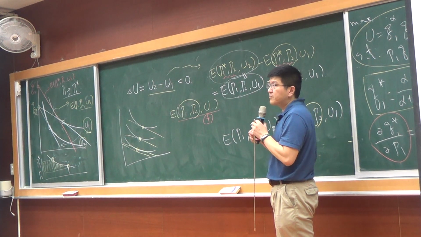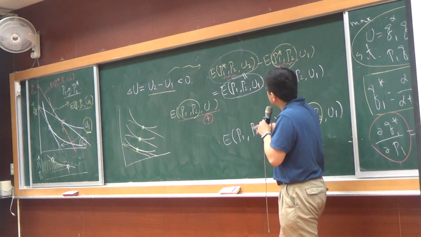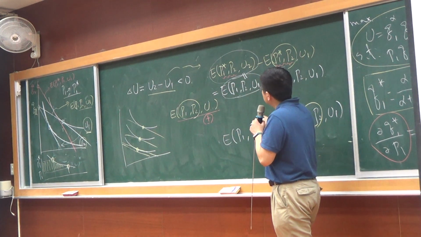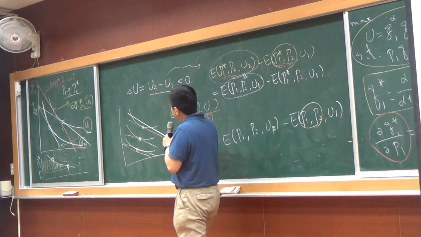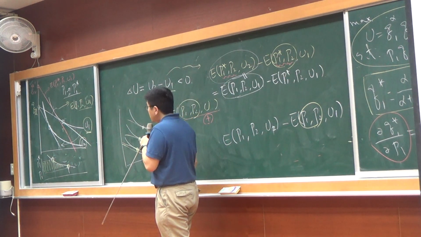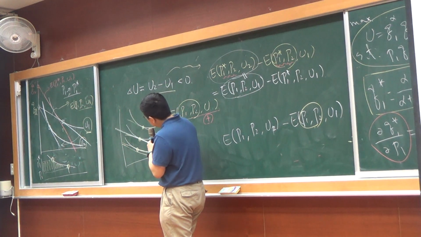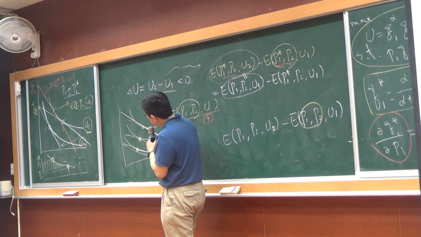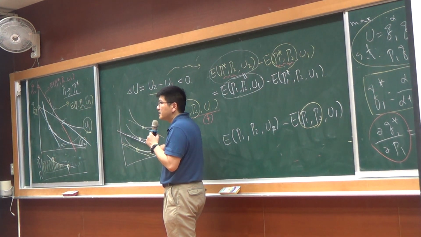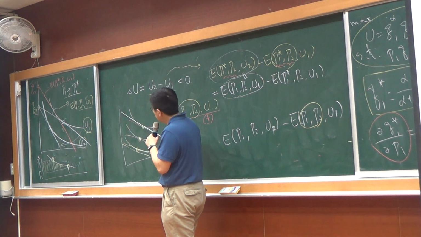So we replace it with another one using the expenditure function. So if we want to measure the difference between U1, U2, we just use the difference between the expenditure. Okay? It's a substitution way to do this.